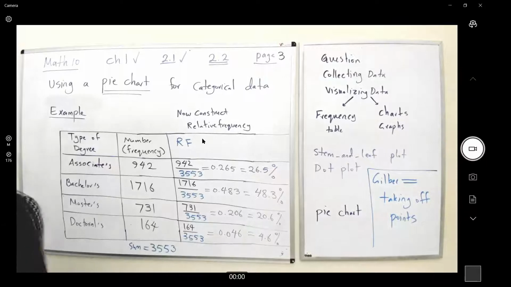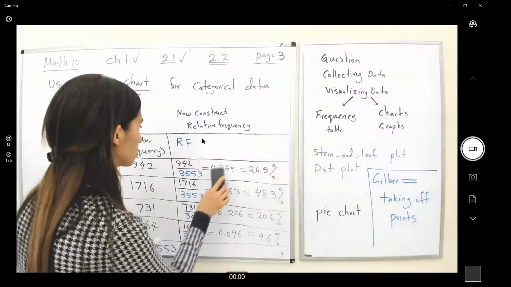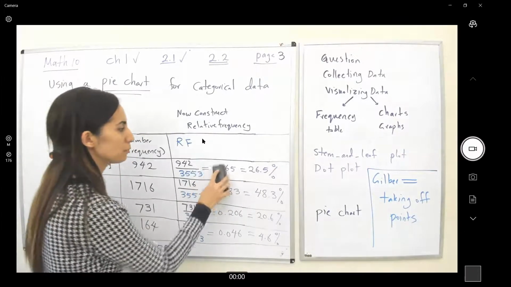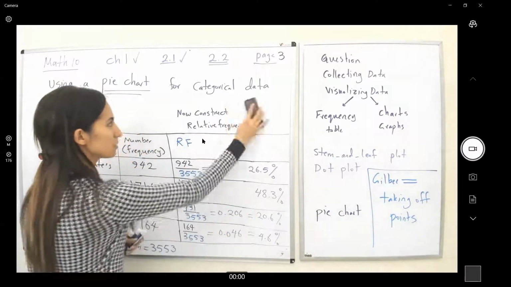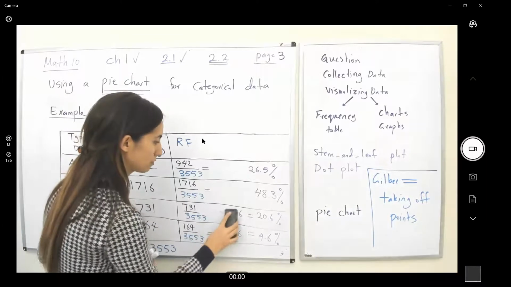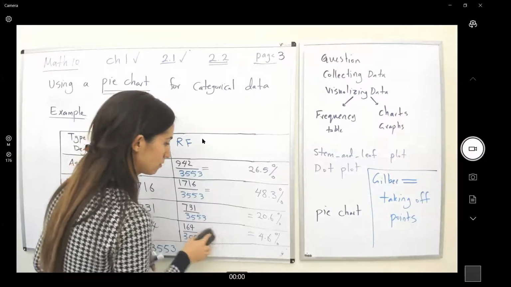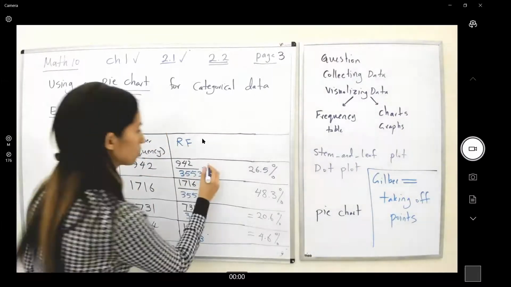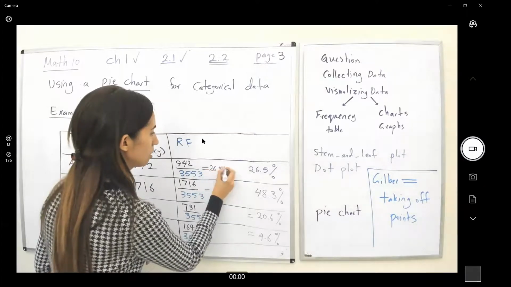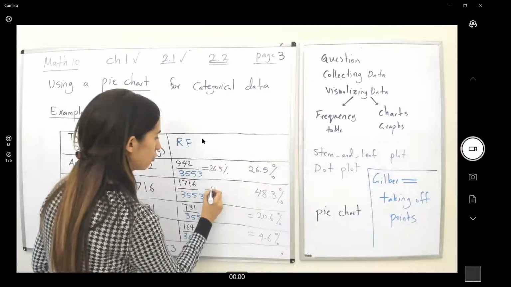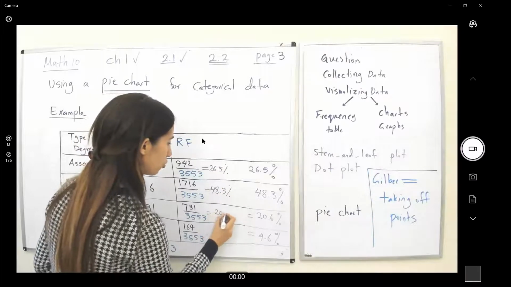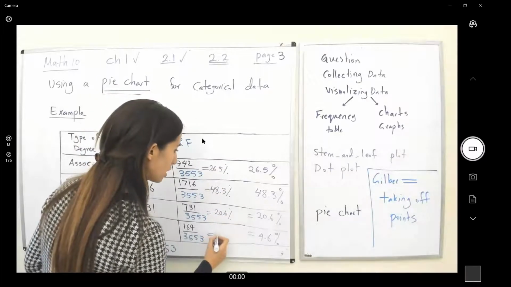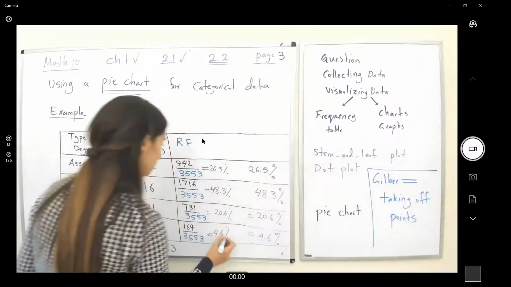Let us take a look at it. So I'm going to just erase these decimals. I need more space. So here you have 26.5%, 48.3%, and here you have 20.6%. Here you have 4.6%.